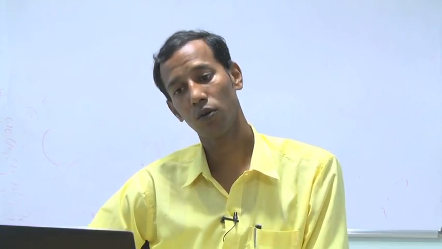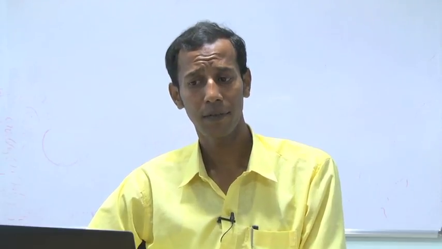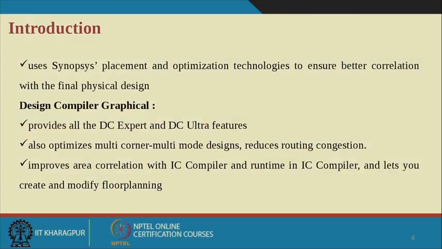This also uses placement and optimization technologies to ensure better correlation with the final physical design. Whatever we are talking about with design compiler is basically the front end design. This starts when we generate the corresponding gate level netlist.